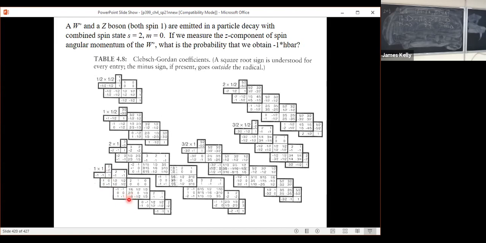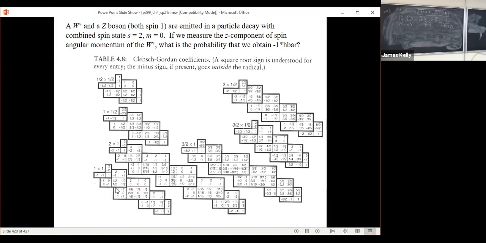Therefore, the probability is the square of that, which is just 1/6. That shows you another great thing about the table: because they've left the square roots off, everything has a square root over it in these coefficients. What you're seeing here, as long as you ignore any minus signs, are probabilities. So the probability is 1/6 that we get a minus. It's 4/6 that we get 0 for the W's Z spin angular momentum, and it's 1/6 that we get +1.